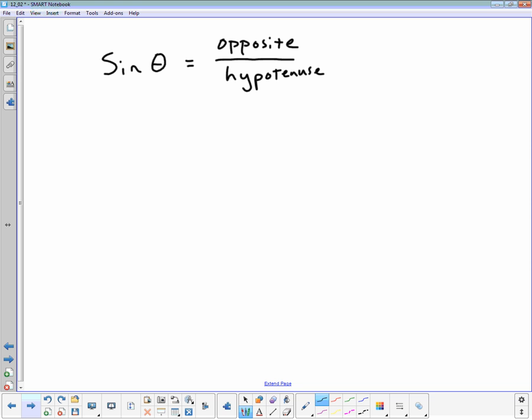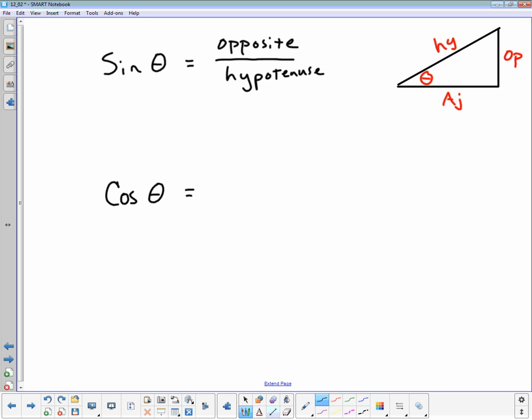So what I'm saying is, if I know these lengths, if that's my theta, the length of my opposite side divided by the length of the hypotenuse is going to be equal to that funky decimal. And it'll make a heck of a lot of sense when we actually do some. So just follow with me and copy this down.